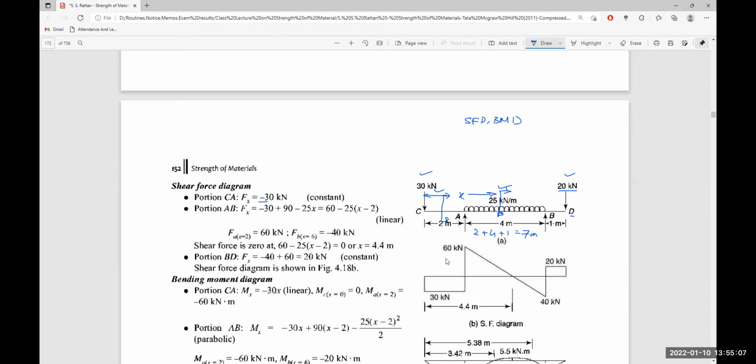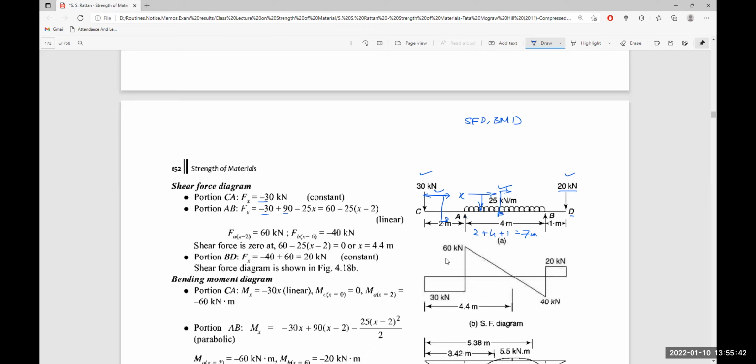The shear force will be positive. One force is acting downwards, that is minus 30 kN, and the reaction is acting upwards, which is positive as per our sign convention, that is 90. Minus (x minus 2) multiplied by 25 is another force, acting at the middle of the distributed force, downwards, so it is negative in nature.